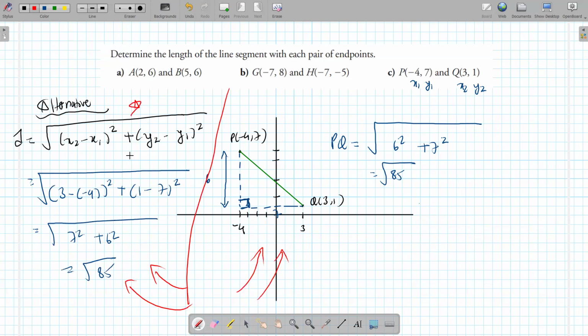This one is usually quicker, and they both give you the same answer, so it's not a big deal. Again, the formula is the difference in x values squared plus the difference in y values squared, all under a square root because of the Pythagorean theorem.